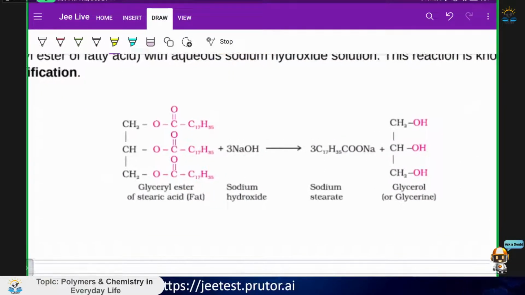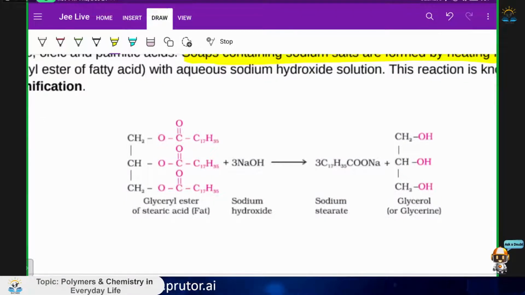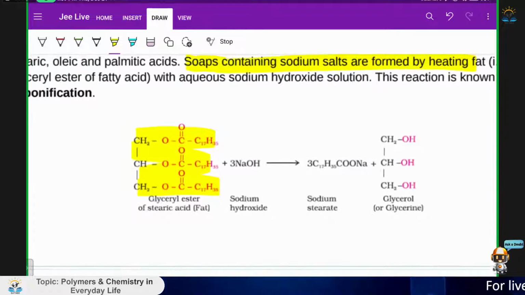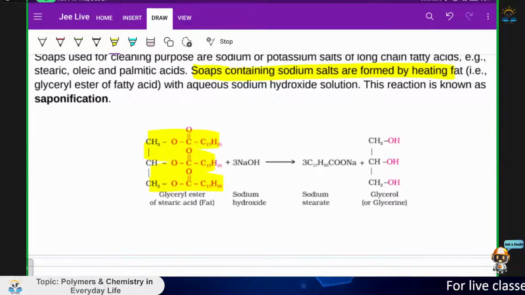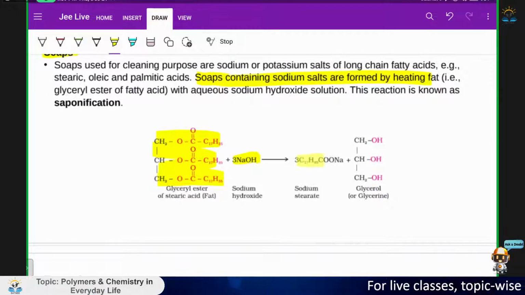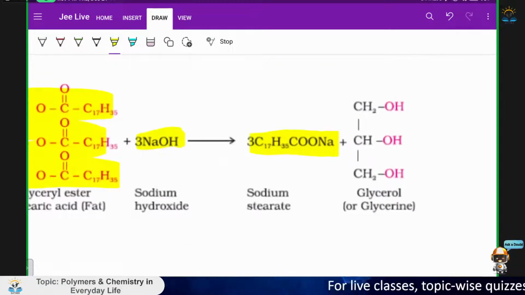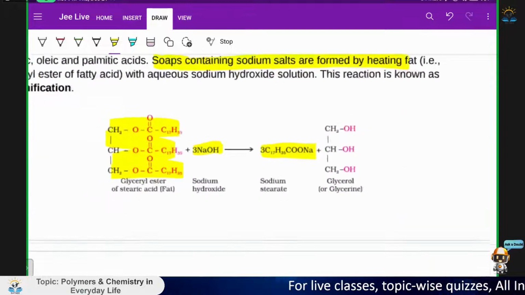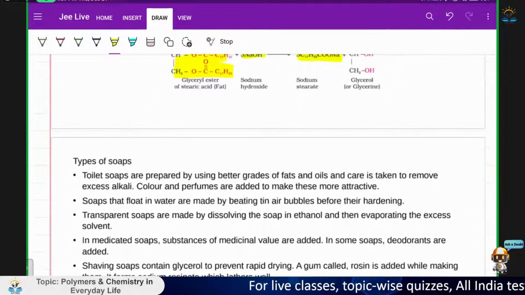So glycerol we are combining with fatty acid, so we will get a glycerol ester of fatty acid known as fat. So we are combining that with aqueous sodium hydroxide or aqueous potassium hydroxide solution. So we will get what? A soap. Here, we are forming sodium stearate, which is a soap. So this process is known as saponification.